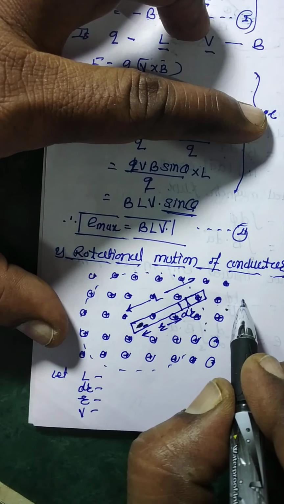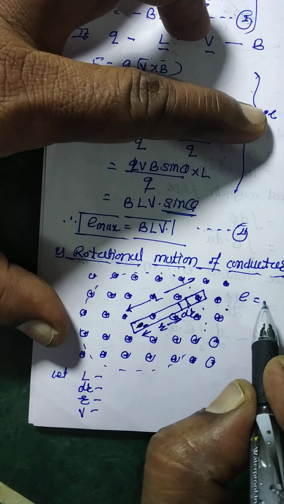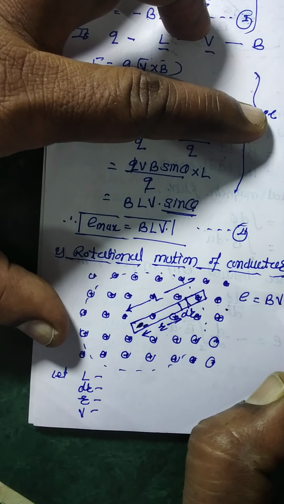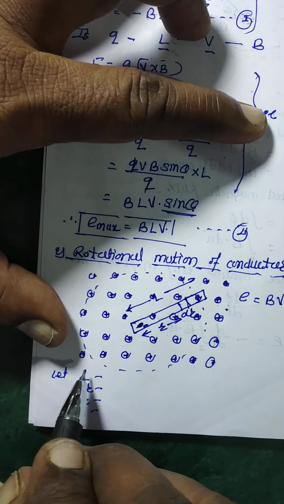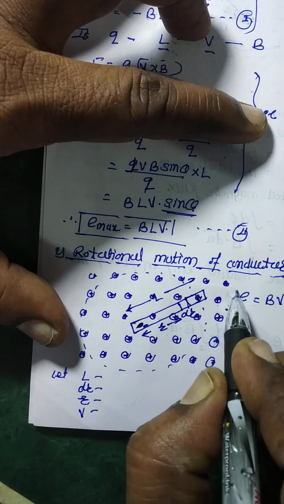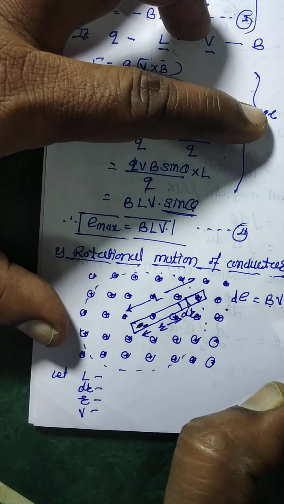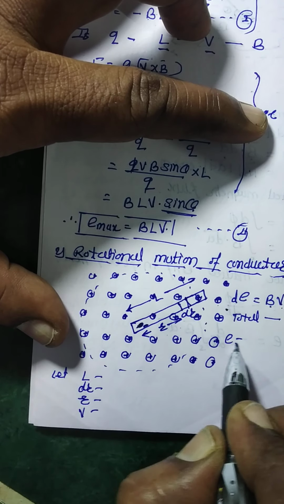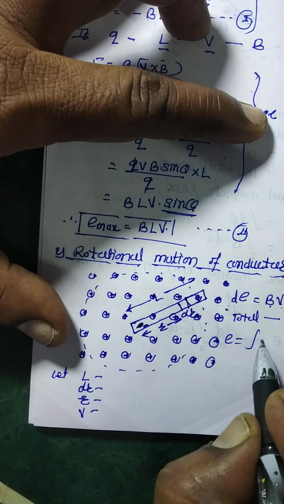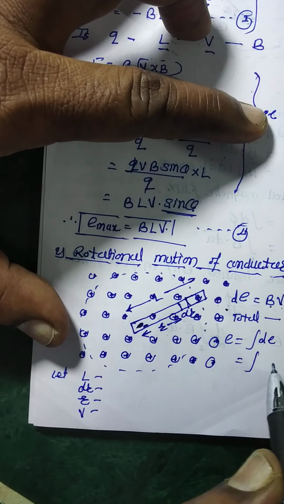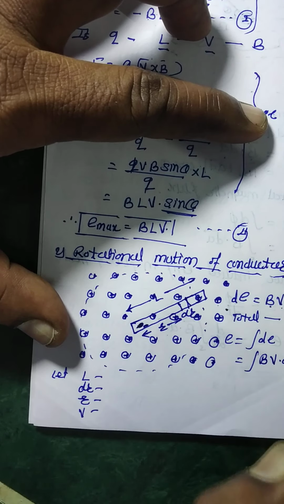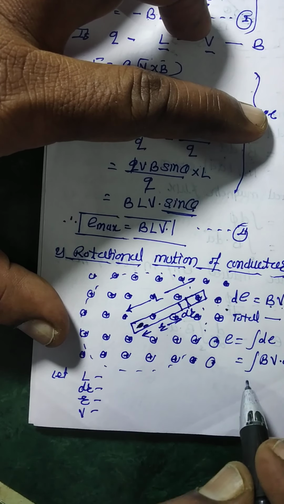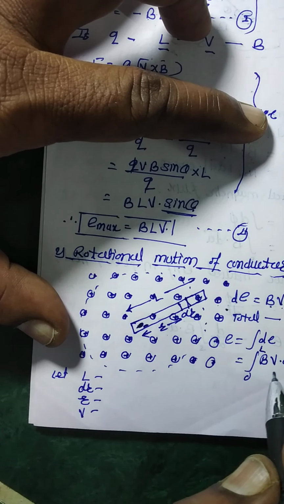It is B into v into dr. The small induced EMF is B v dr, and hence the total induced EMF E is equal to the integration of dE, which is the integration of B v dr from 0 to L.